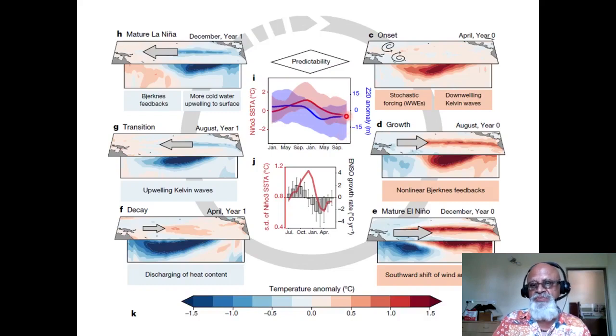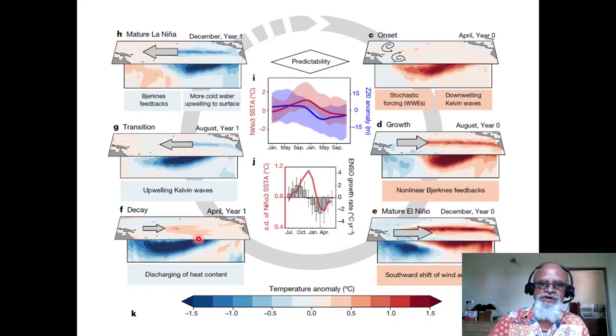So this is year +1, which is what we are going to get into here. So mature El Nino phase, December of year 0 is where you typically see the peak, and slowly it moves into January, February, and begins to decay. So you can see the recharge phase. So if you plot the front between the warm fresh pool and the cold saline pool, then it would be going in this direction, but before December itself it will be going back, because the recharge phase and the subsurface processes are already happening.